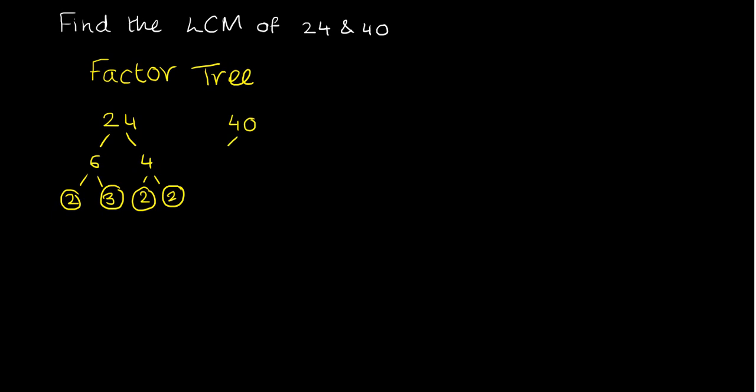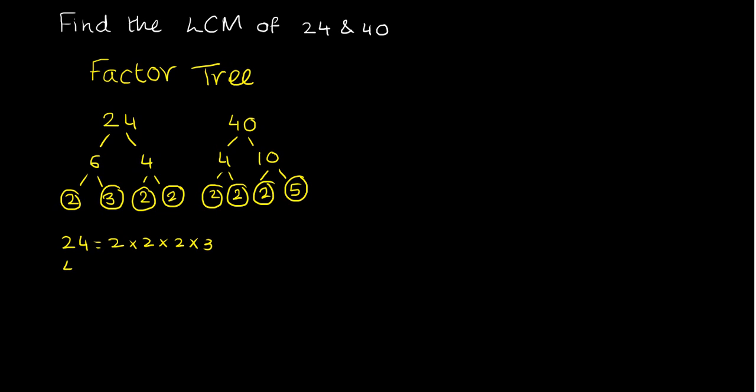So 4 and 10 I believe we had used, and 2 times 2 and 2 times 5. Okay, so we had 24, which is equal to 2 times 2 times 2 times 3, and then 40 is 2 times 2 times 2 times 5.